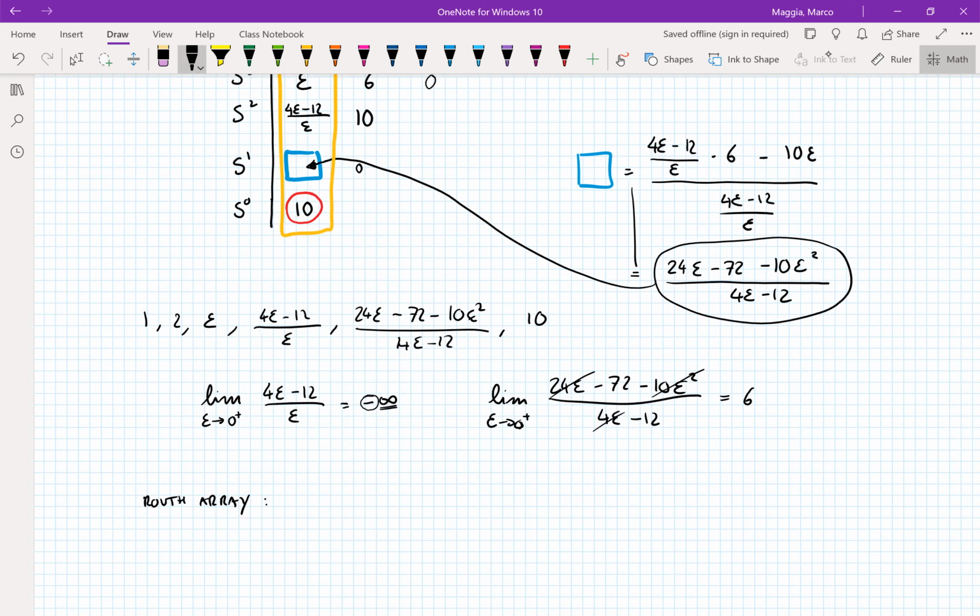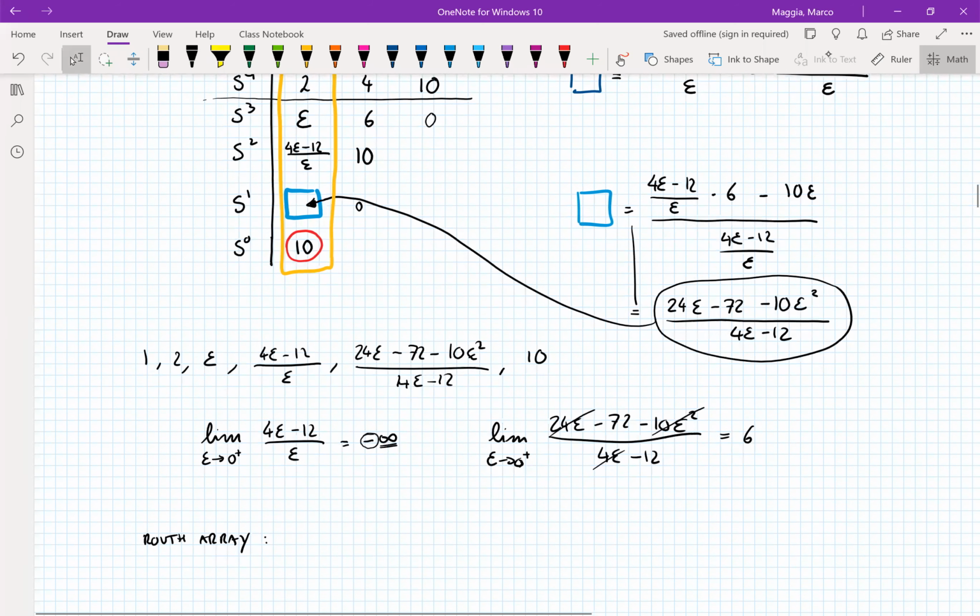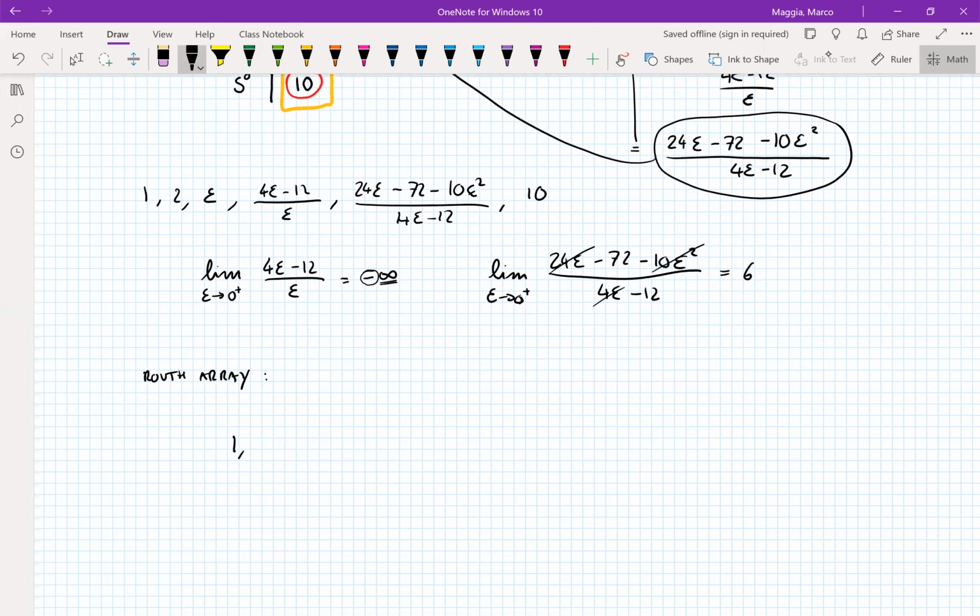So this very long coefficient was nothing but plus 6. So the Routh array actually becomes 1, 2, 0 plus, which we'll consider as a positive sign, minus infinity, 6 and 10.